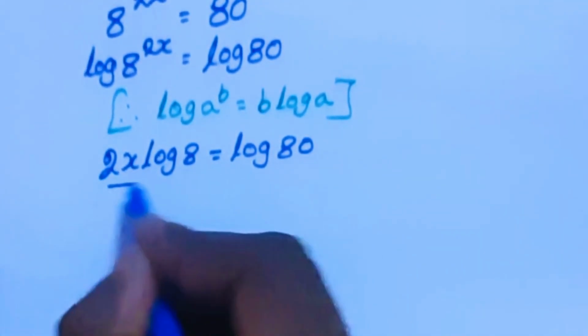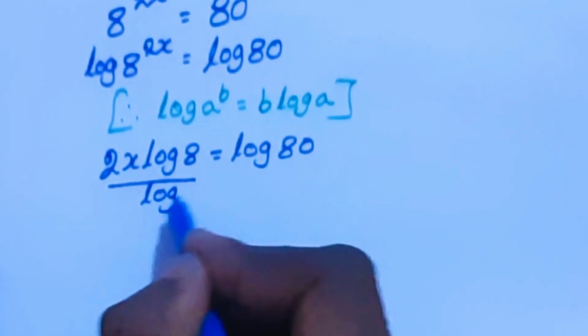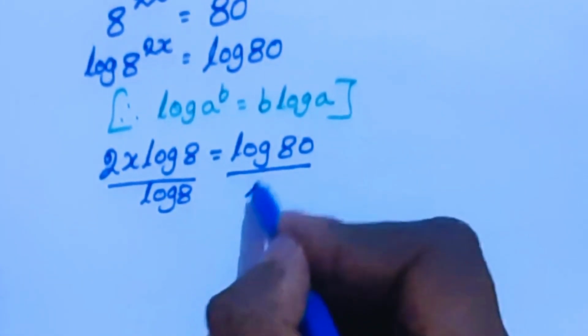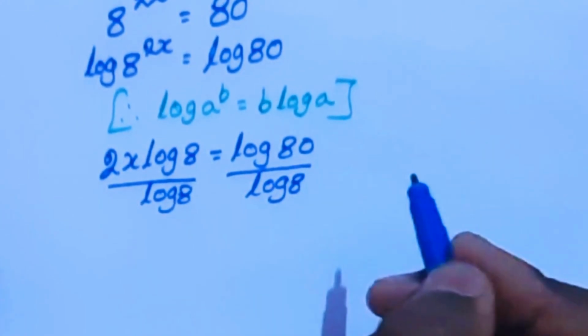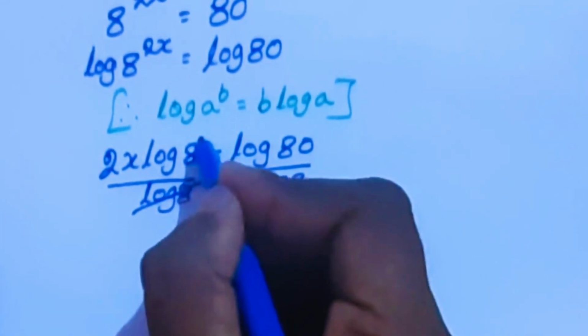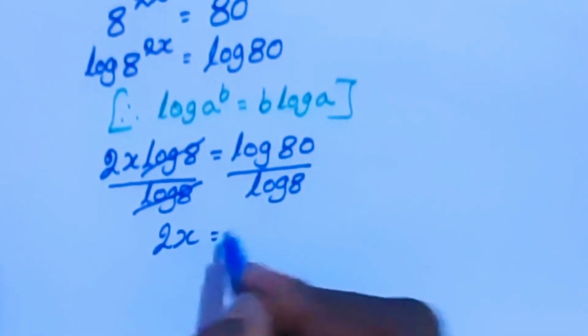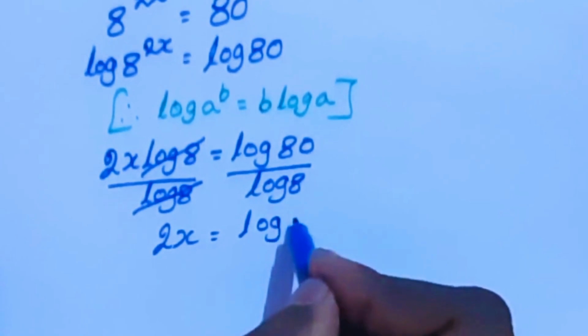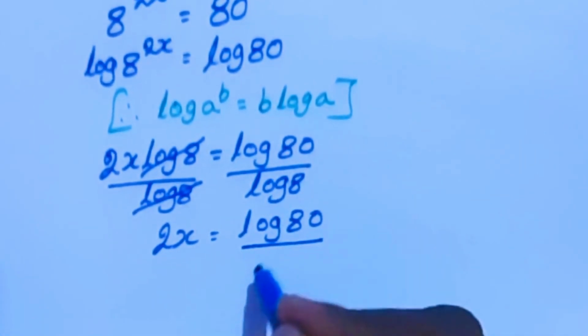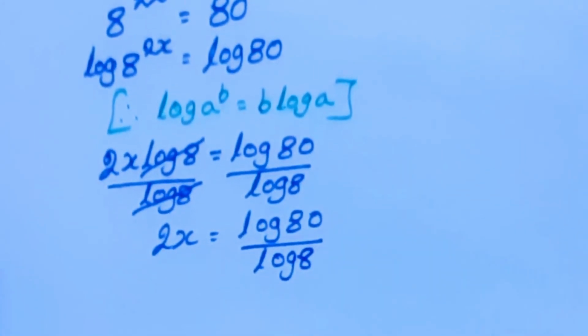Now we are going to divide by log 8 on both sides. Log 8 here, log 8 here. Now this log 8 cancels this log 8. So we have 2x equals log 80 by log 8.